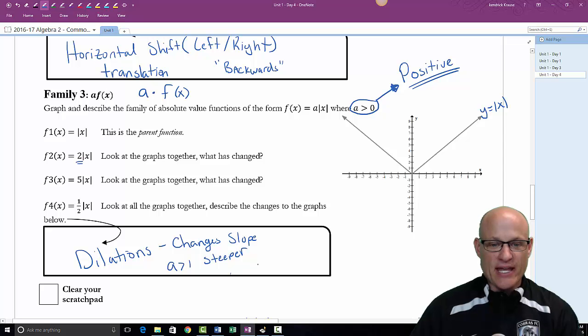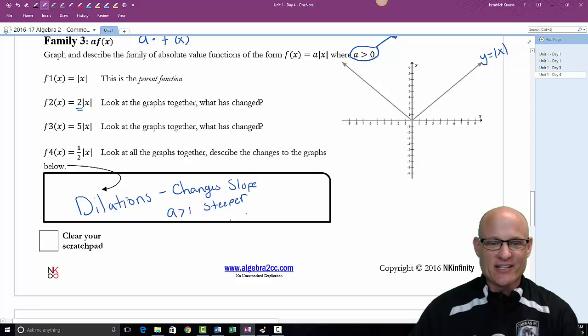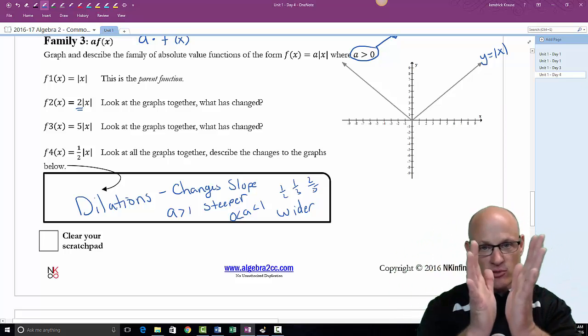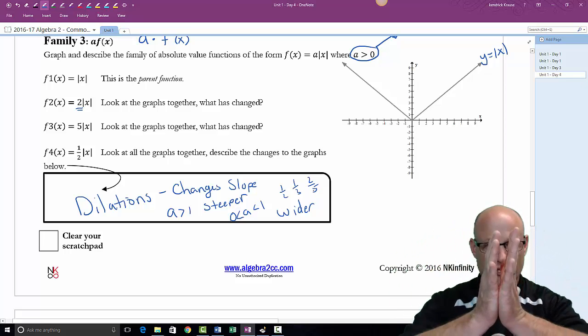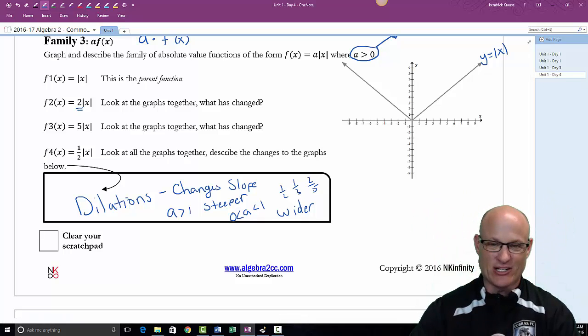When a is between 0 and 1, in other words, a fraction, a 1/2, a 1/3, a 2/5, it gets wider. But what I want you to remember is that number in front affects the steepness or the rate of change or the slope of this function. It either gets steeper or wider.